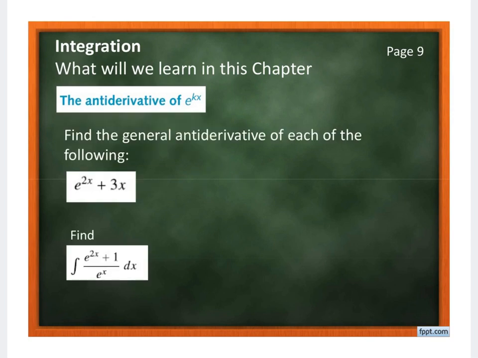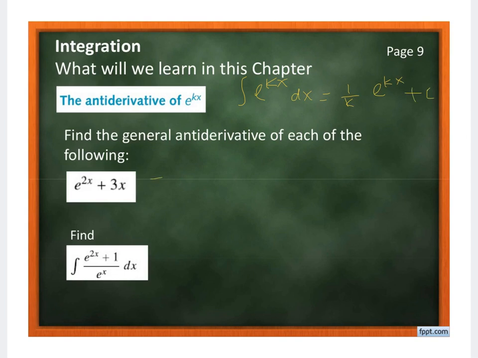Find the general antiderivative of each of the following. Remember the formula on page 2 and page 8 before. The integral of e to the kx dx equals 1 over k e to the kx plus c.